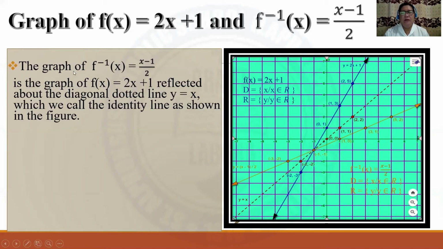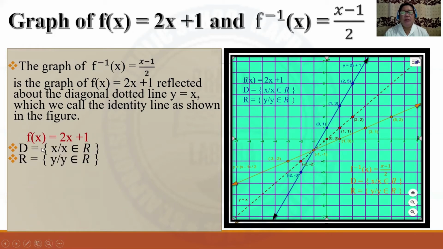So the graph of the inverse function equals x minus 1 over 2 is the graph of the function equals 2x plus 1 reflected about the diagonal dotted line y is equal to x, which we call the identity line as shown in the figure.